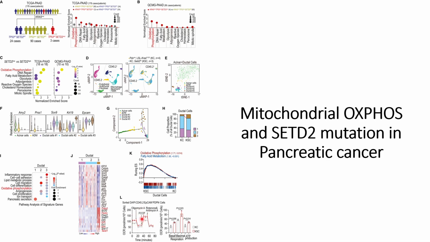They can see that cells derived from KSC tumors have more oxygen consumption compared to cells derived from KC. This is quantified on the right-hand side of panel L, where we can see high OCR when KSC derived tumor cells are used compared to KC derived tumor cells.